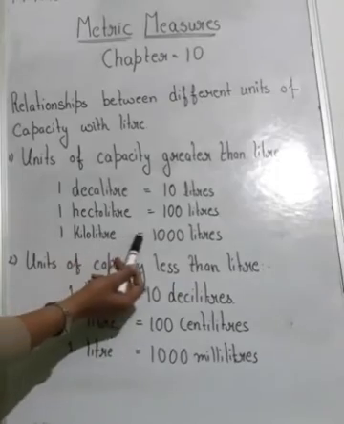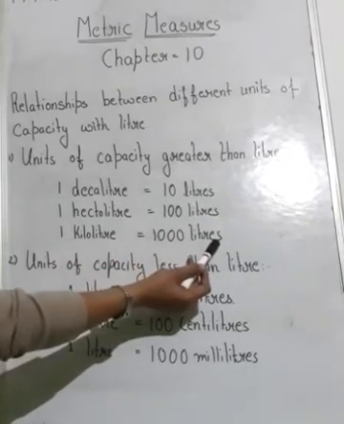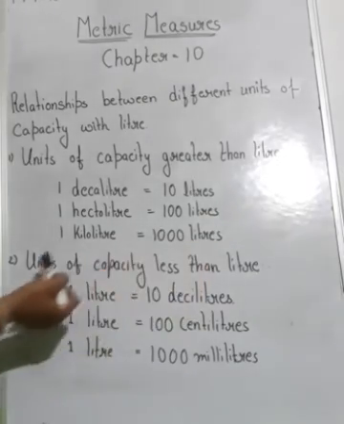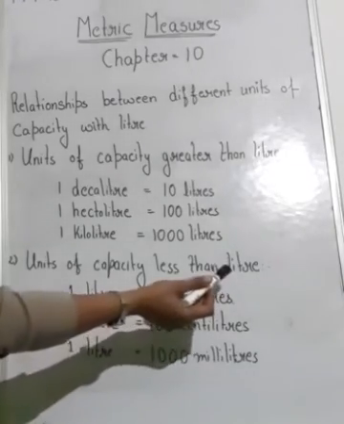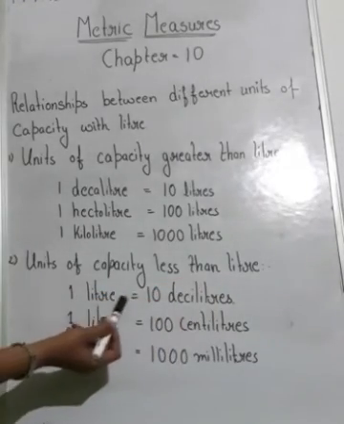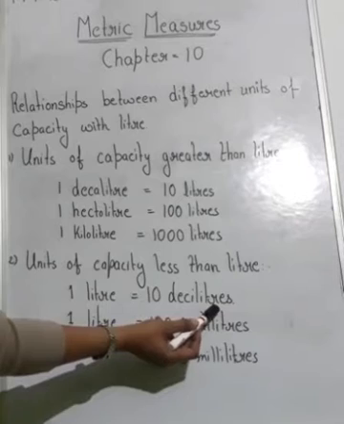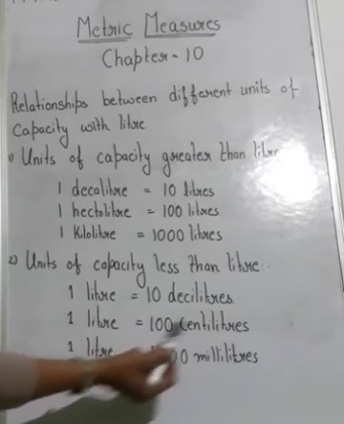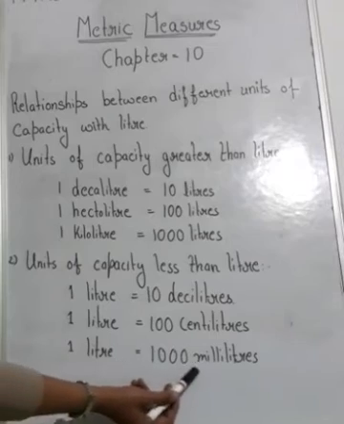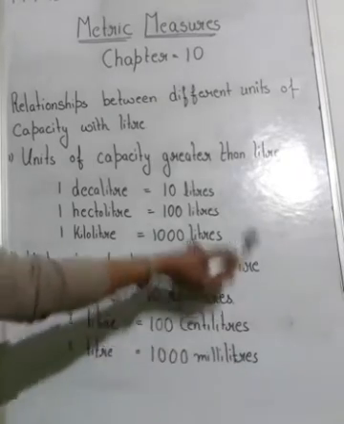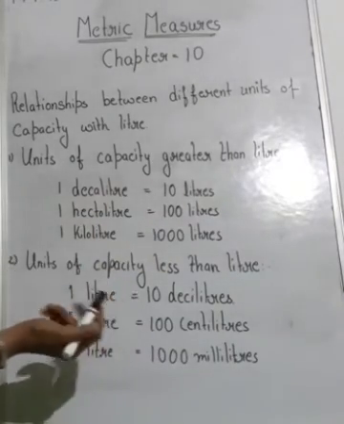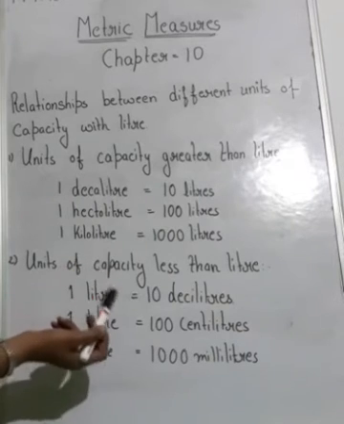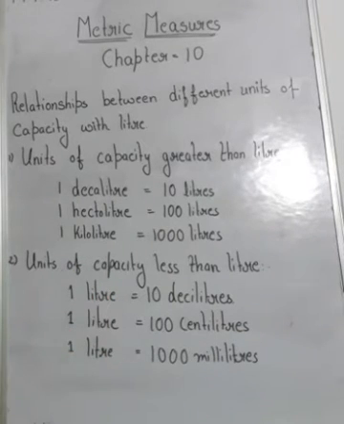And 1 kiloliter is equal to 1000 liters. Clear? Now the units of capacity that are less than liter. So 1 liter is equal to 10 deciliters, 1 liter is equal to 100 centiliters, and 1 liter is equal to 1000 milliliters. Among all these, the most commonly used units of capacity are liter and milliliter.